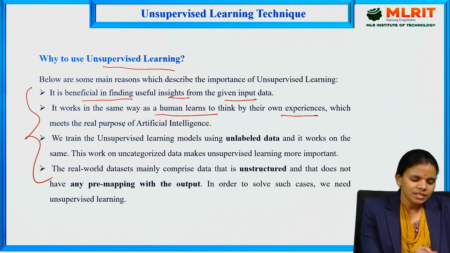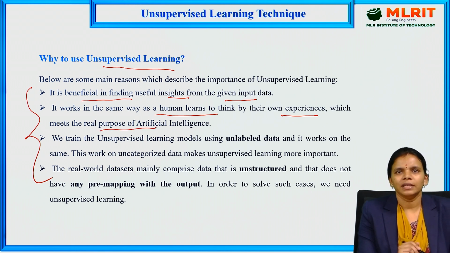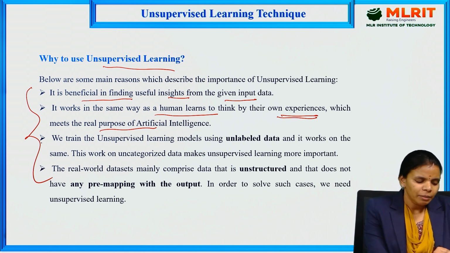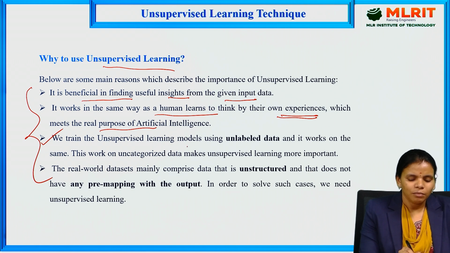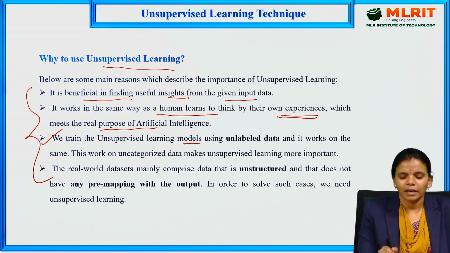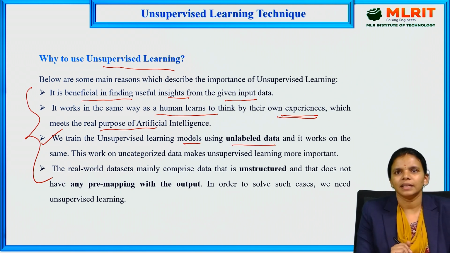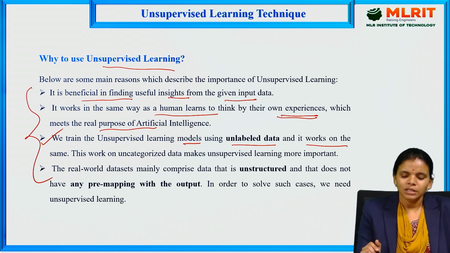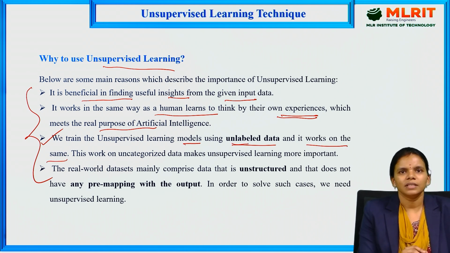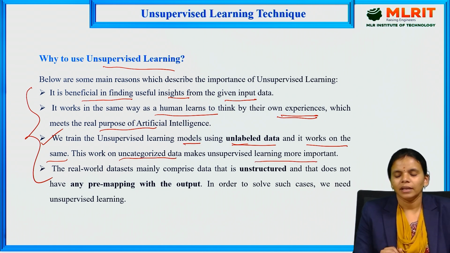This is the main purpose of artificial intelligence: how humans think and how human beings take their own decisions by their own experiences. And coming to the third one, we train the models in unsupervised learning technique by using unlabeled data set, and those models will work on the same data, that is unlabeled data set. So this works on uncategorized data.